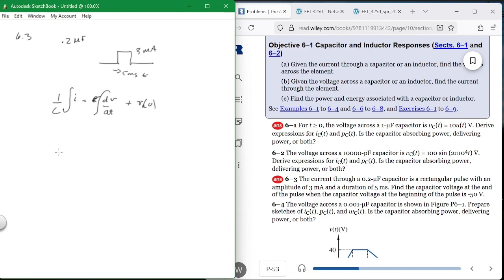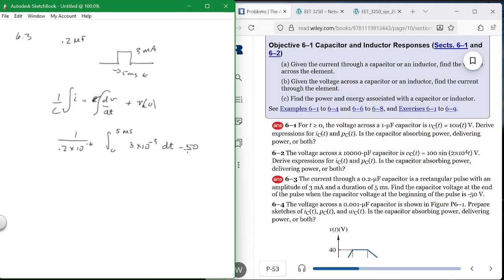Well, it's 1 over C, and what is C? It's 0.2 times 10 to the minus 6, so it's 1 over that. And then it's the integral from 0 to 5 milliseconds of 3 times 10 to the minus third dt, and then minus 50.